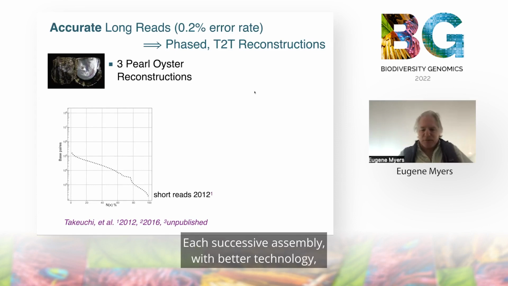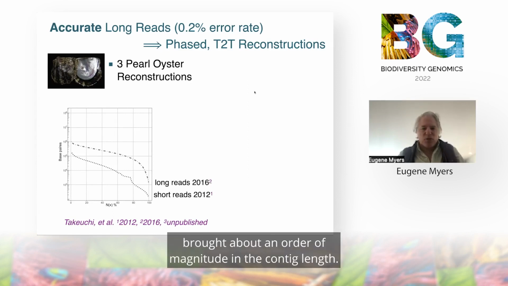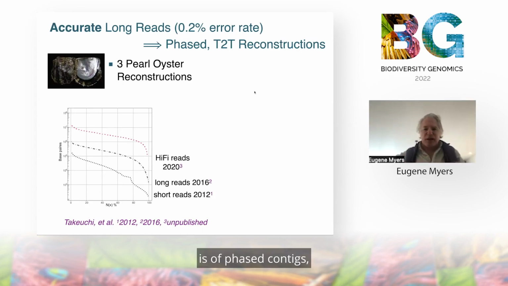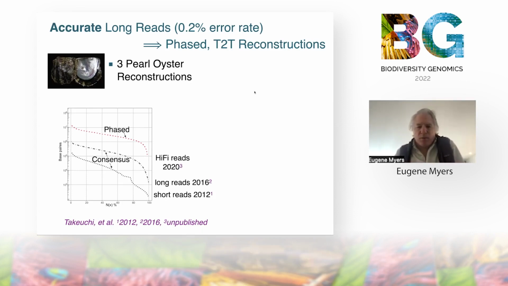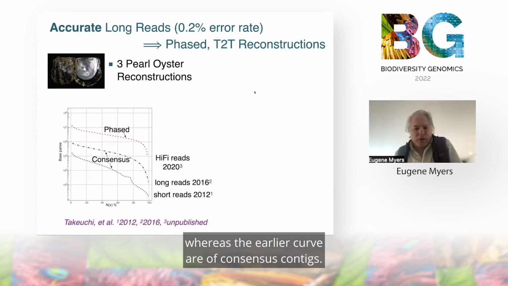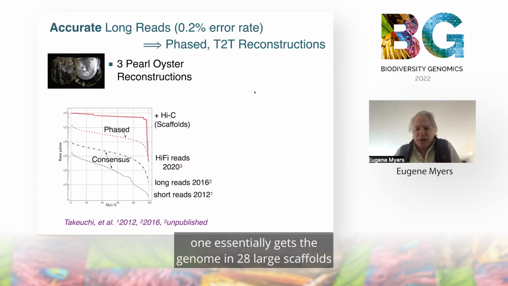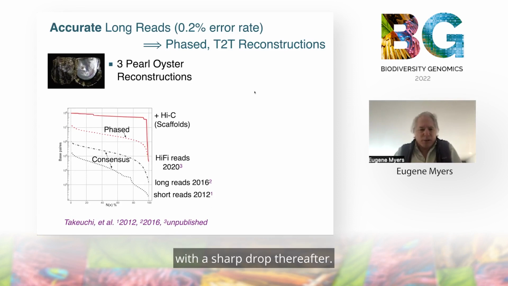Each successive assembly with better technology brought about an order of magnitude increase in the contig length. In particular, note carefully that the hi-fi curve is of phased contigs, whereas the earlier curves were of consensus contigs. When these contigs are then scaffolded with Hi-C, one essentially gets the genome in 28 large scaffolds with a sharp drop thereafter.